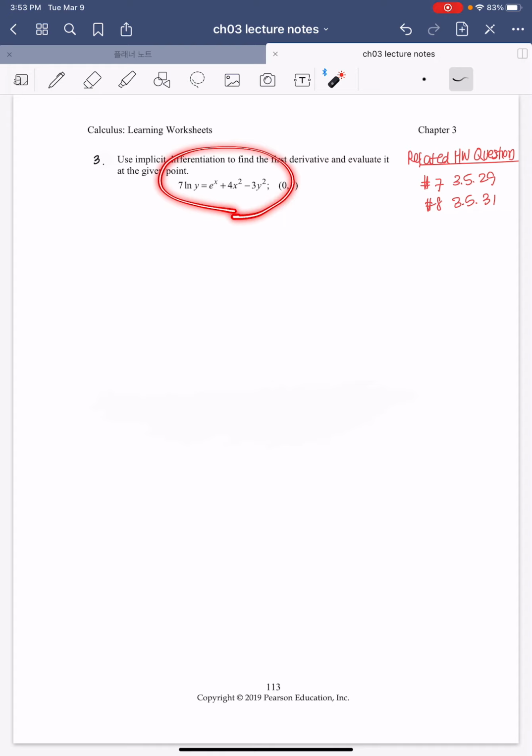It's very hard to find y by itself because you need to put all the x terms on one side and the y terms on the other, but there's a ln of y. So it's almost impossible to solve for y, and we cannot really take the derivative. So implicit differentiation is used so that when we have an equation that we cannot solve for y, we can still take the derivative as it's written.